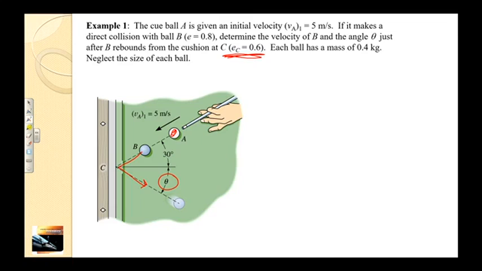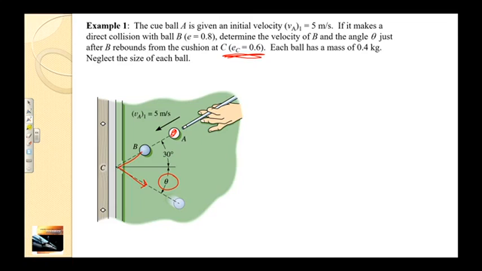Each ball has a mass of 0.4 kilograms, and we're going to neglect the size. We're just going to model these as particles. So, what do we want to do? We want to find the velocity of B after the impact with the cushion, and our angle, theta.